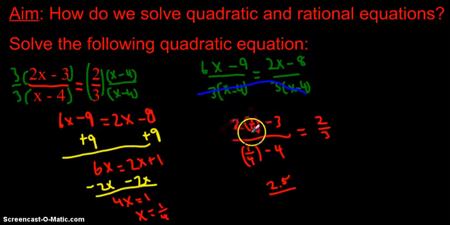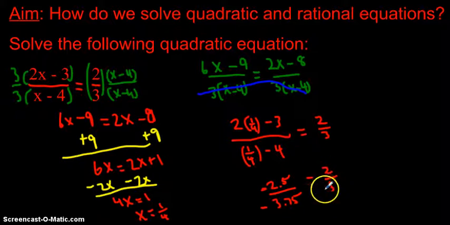Oh, wait, that is negative 2.5. This is 1/2 minus 3, which is negative 2.5. This is negative 0.25 minus 4, so that is negative 3.75, which is equal to 2/3? Okay, I'm not sure if these are equal off the top of my head.